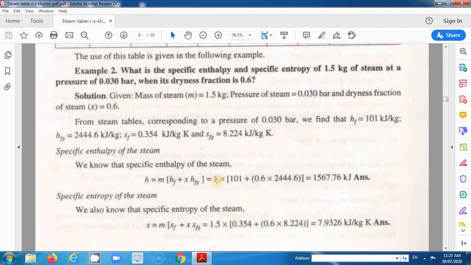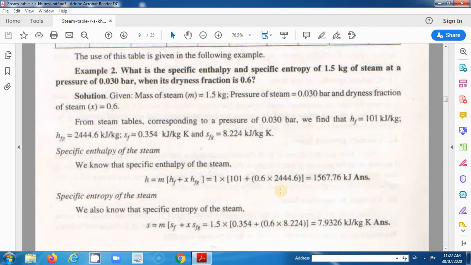Instead of this 1, we have to take 1.5 kg. So this is a mistake.